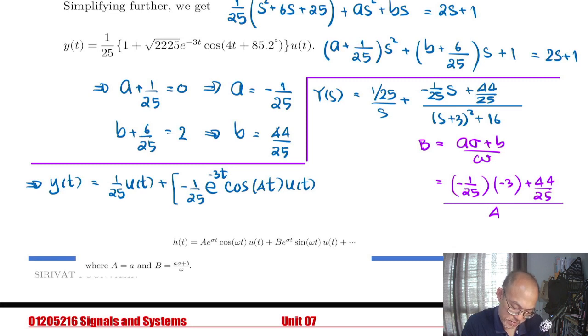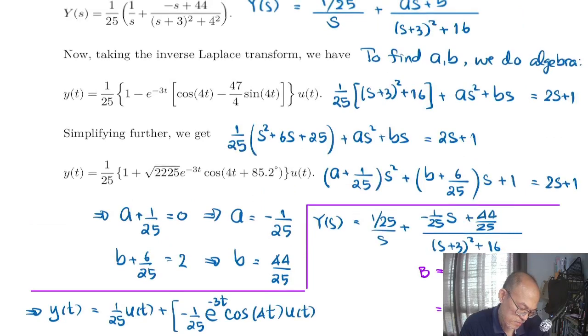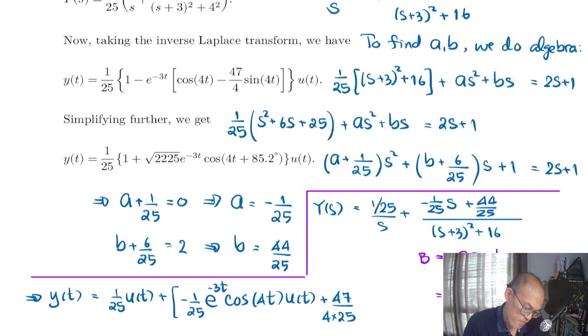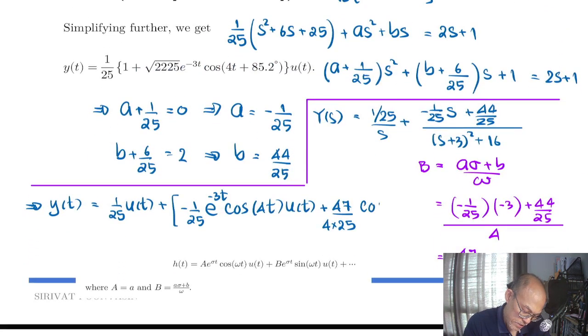So I have 47 over 100 as B. That is B. So I have plus 47 over 4 times 25 e to the minus 3t sine of 4t u(t).